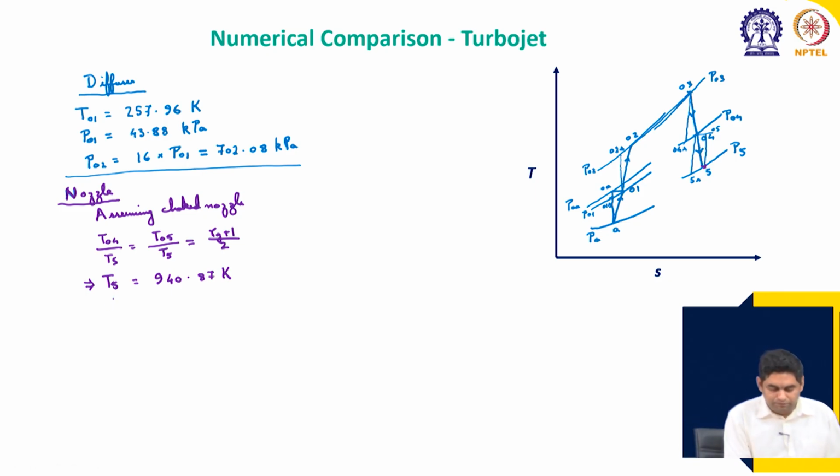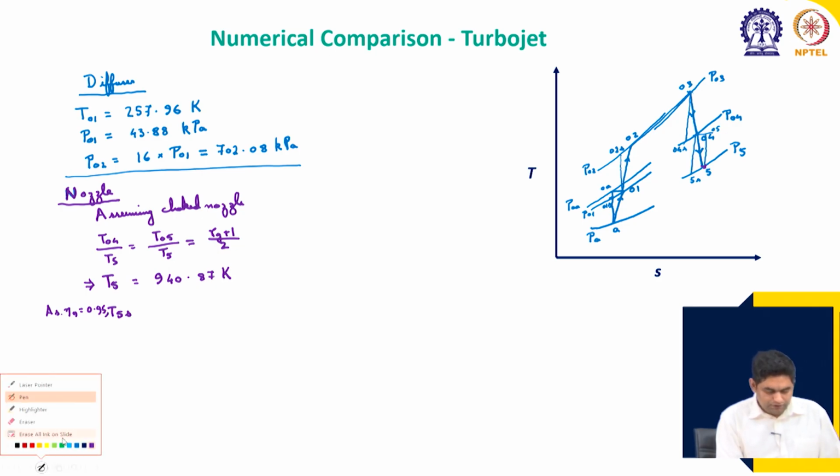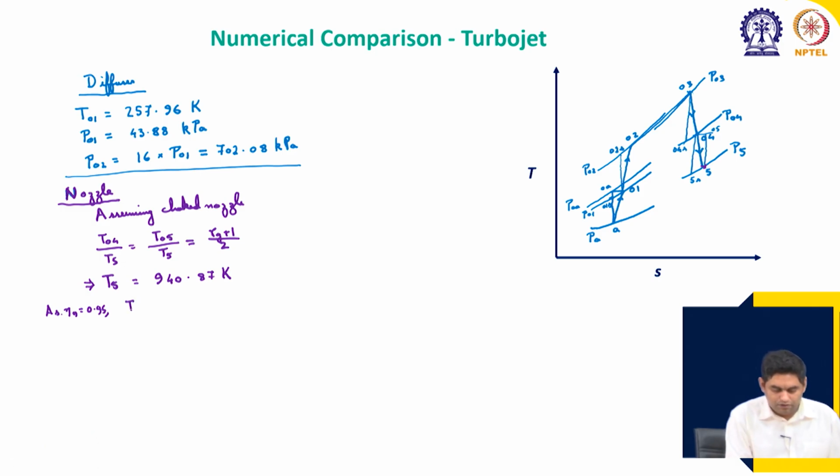If based on that condition the nozzle is choked, we continue the calculation. As the nozzle efficiency is 95%, we can calculate T5s, and it comes out to be equal to 932.62 Kelvin.